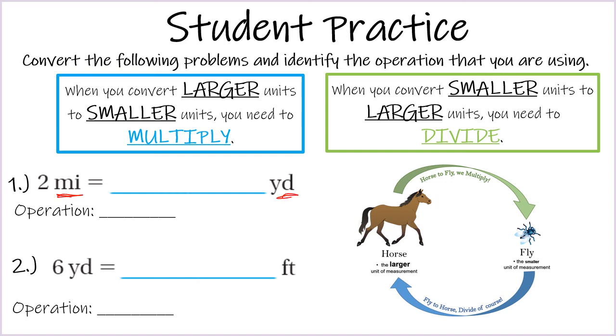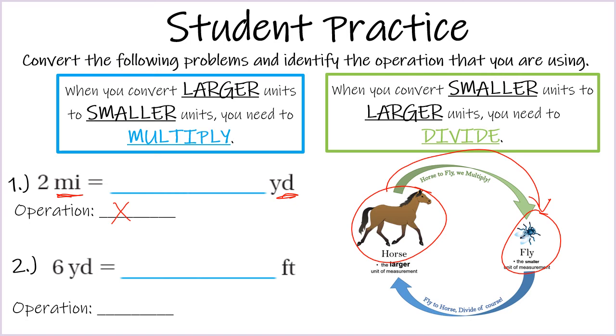miles to yards. Miles is going to be our horse. Yards is going to be our fly, because miles is larger than yards. So horse to fly, we multiply. So that's our operation. We're going to multiply. What are we going to multiply by? The number of littles in one big.